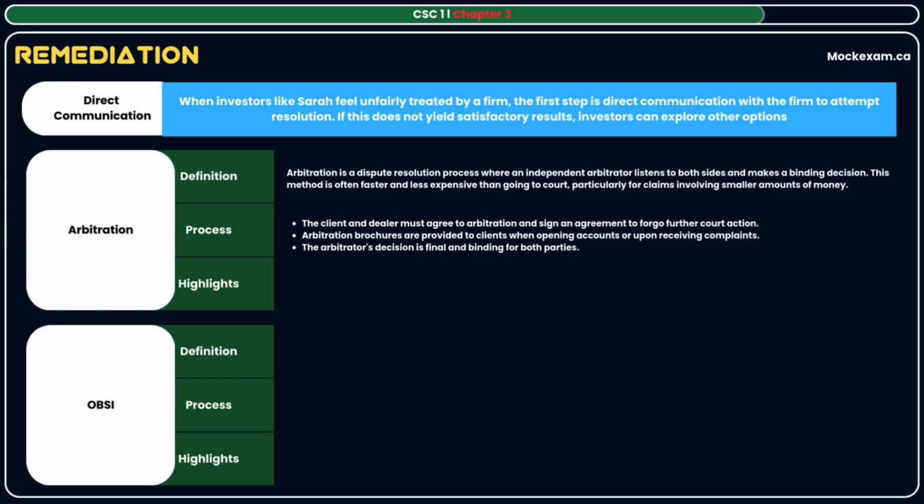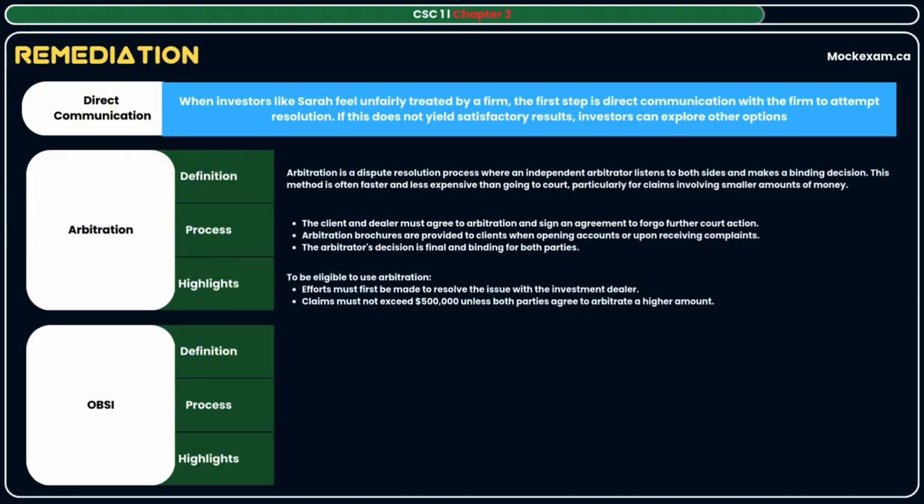What are the key points to remember for arbitration? To be eligible to use arbitration, efforts must first be made to resolve the issue with the investment dealer. You need to try direct communication first and then follow the arbitration option. And also, claims must not exceed 500K unless both parties agree to arbitrate a higher amount.